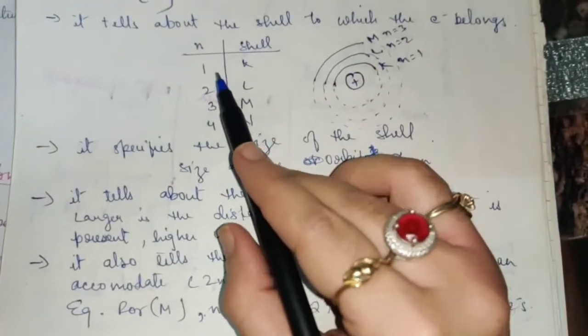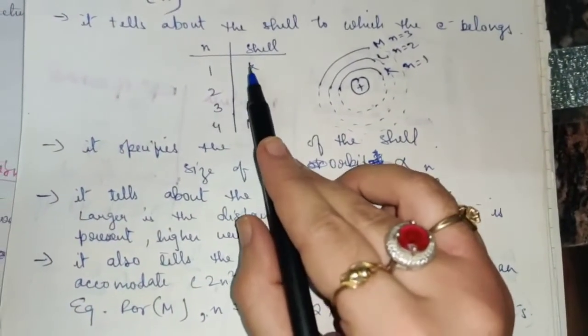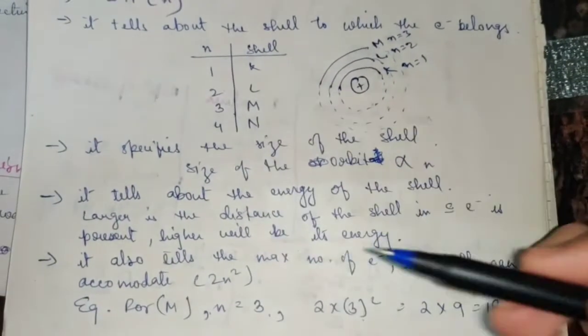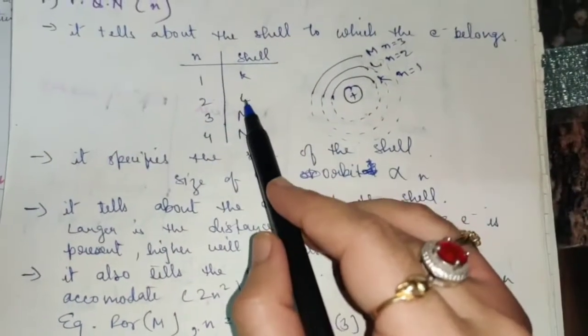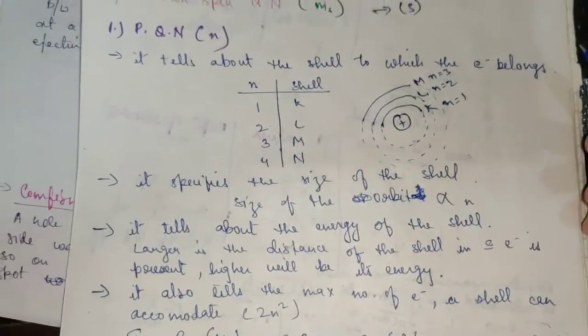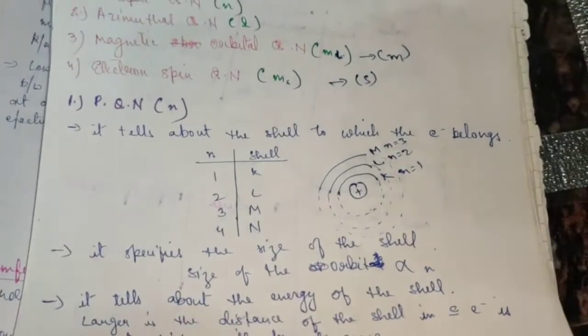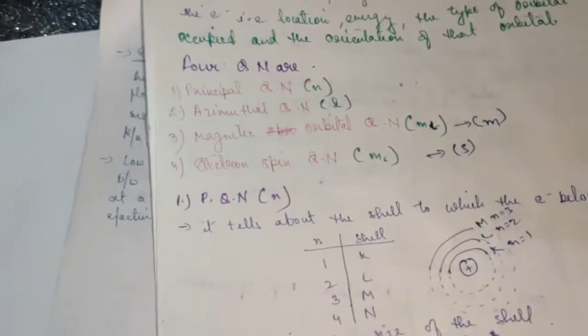And if you have to find the number of electrons in the first shell, it will be 2 into 1 squared. That will give you the maximum number of electrons as 2. Similarly, in the L shell, it will be 2 into 4, that is 8 electrons. So these are the various informations that we get from the principal quantum number.